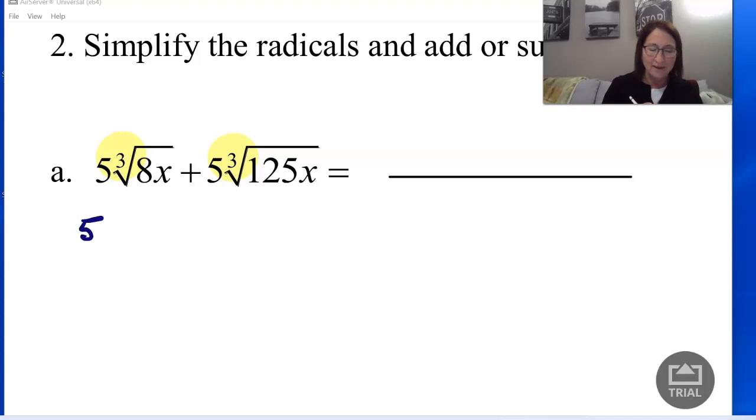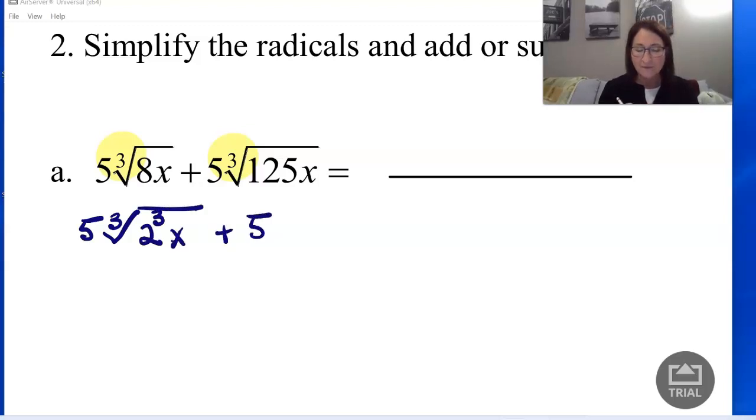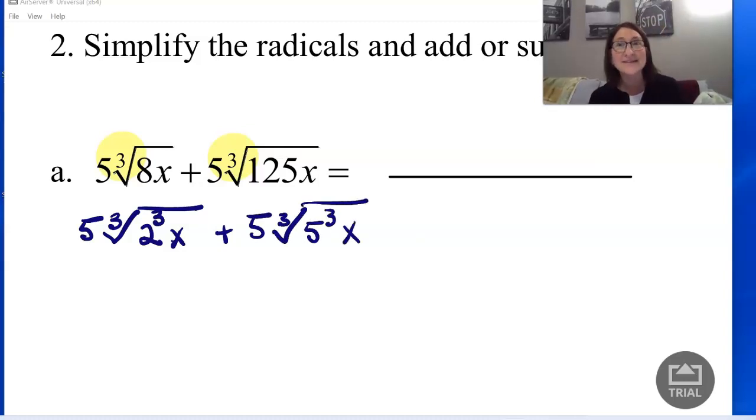I want to look for anything that can be rewritten as a cube root. So I've got 5 cube root of 3, and I'm going to write 2 cubed x plus 5 cube root of 5 cubed x. Whoa, that's exactly what I needed. So right now I've got my exponents matching my index.